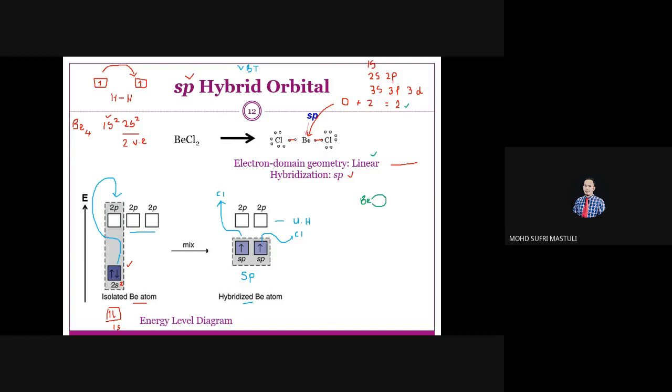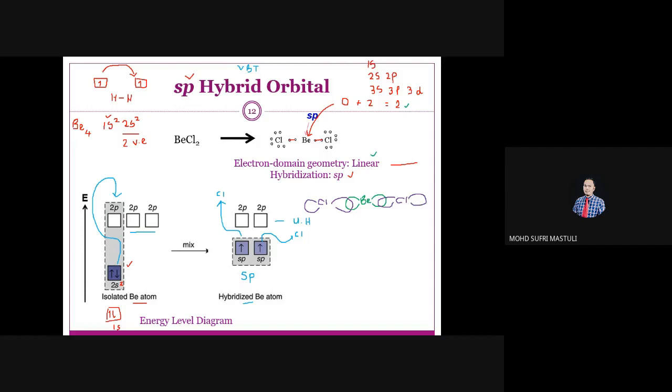This is sp, and then it overlaps with Cl. Cl also has a p orbital, and they overlap.